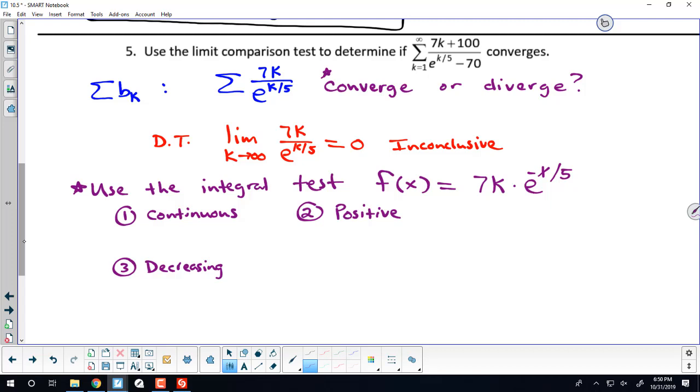Oops, that should be an x. So this function clearly is continuous. We're never dividing through by 0. Is that function always positive? The series goes from 1 to infinity, so the function will be considered on 1 to infinity.